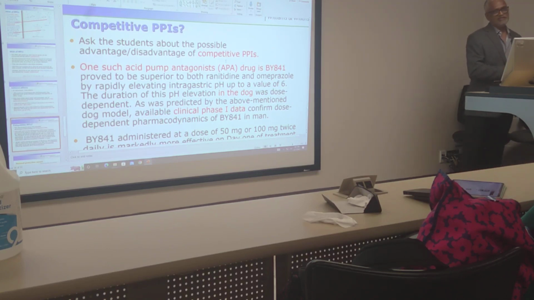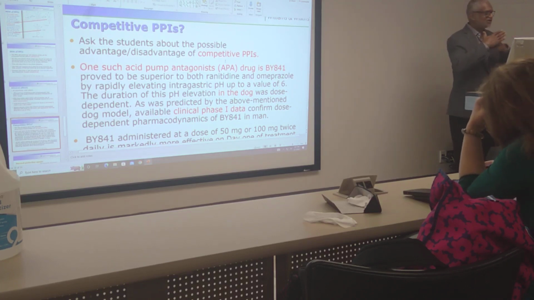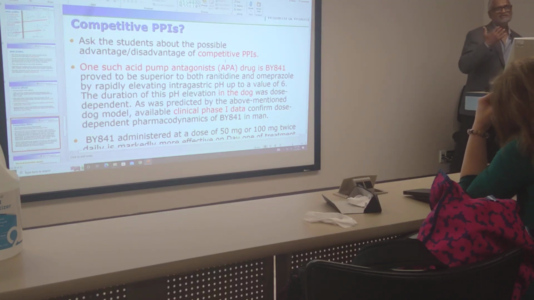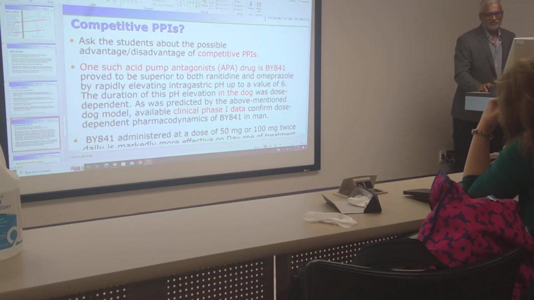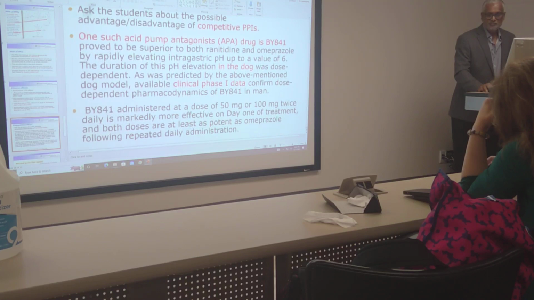It blocks the potassium transport, therefore acid secretion would not occur. They are together: one goes out, the other one comes in. If one is blocked, the other will automatically be blocked. So that's the basis for the newer, reversible drugs.